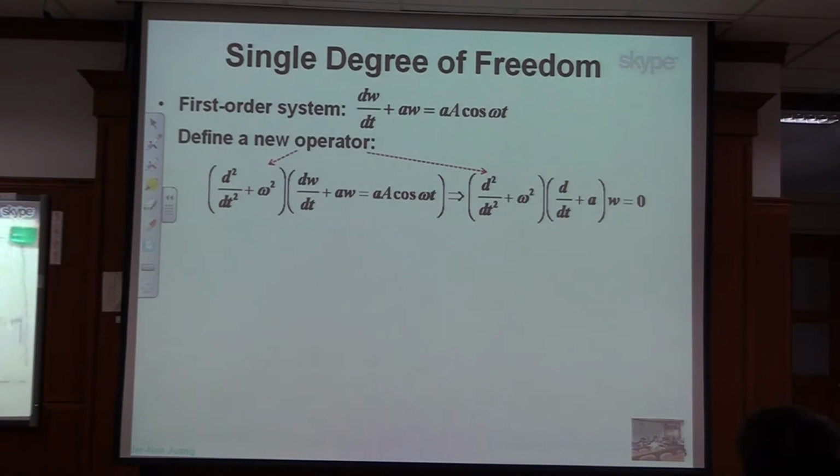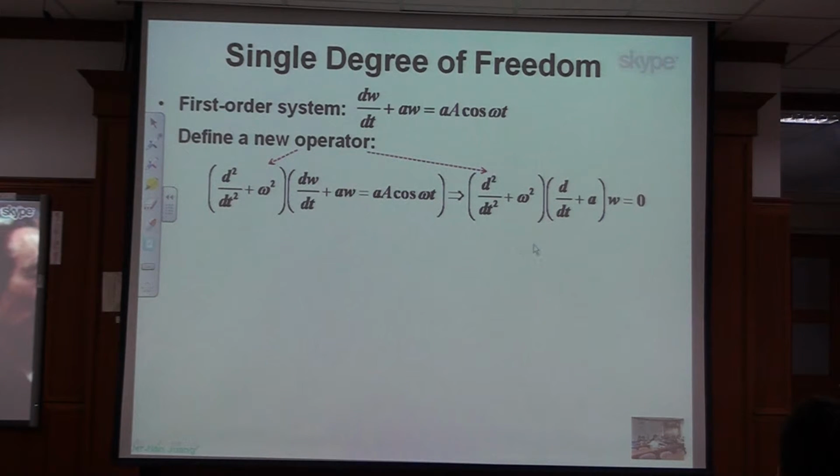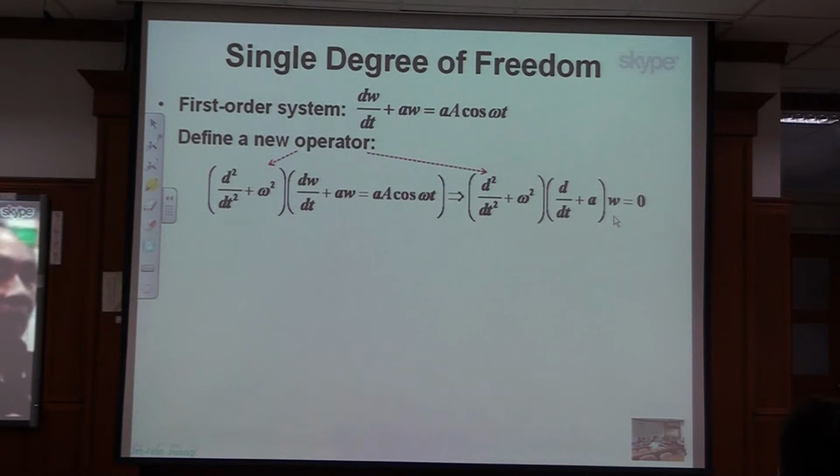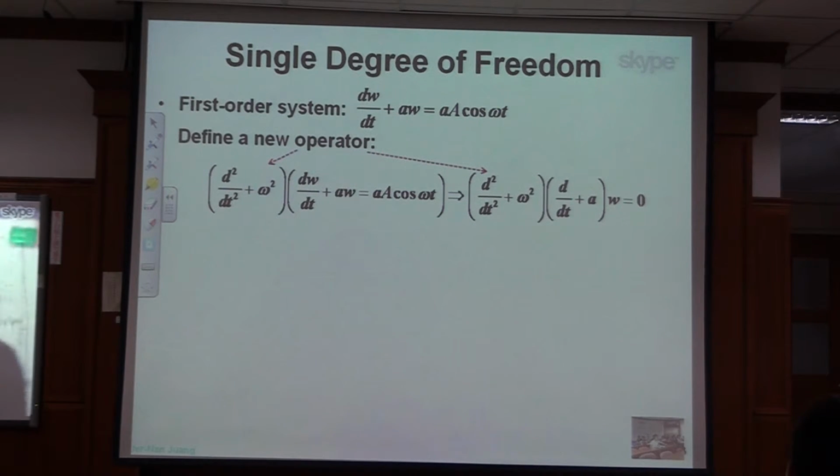The way I will solve this equation of motion is in this way. If I add an operator, d squared dt squared plus omega squared, and I operate through these equations, you will get this very neat equation.